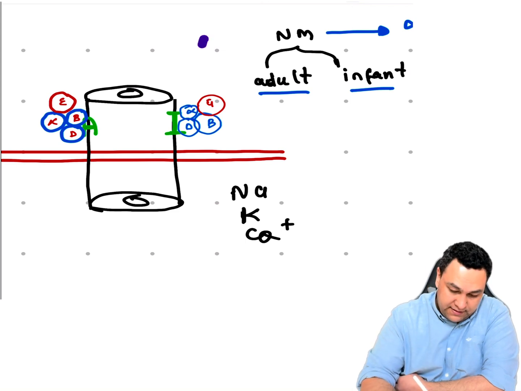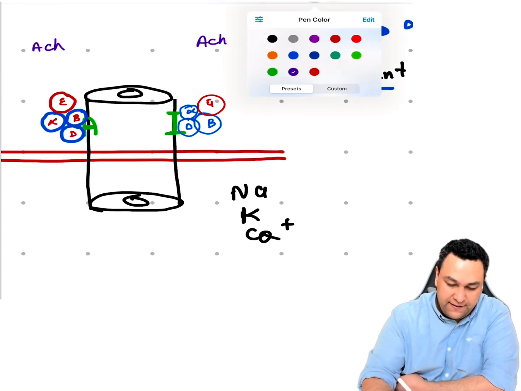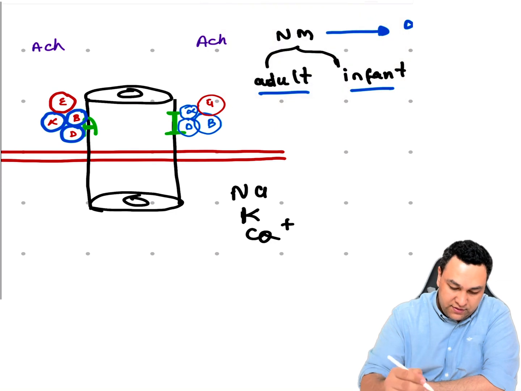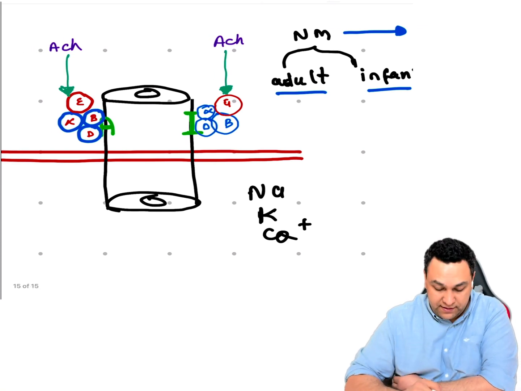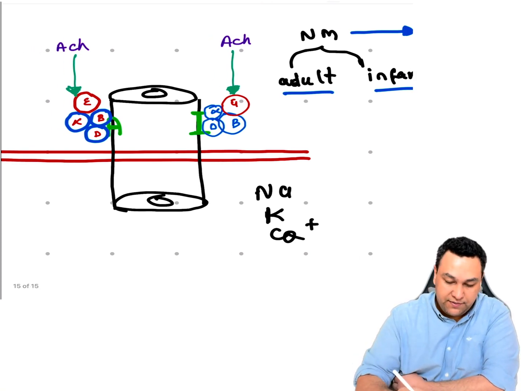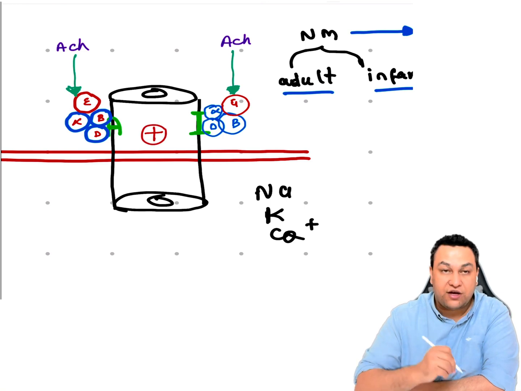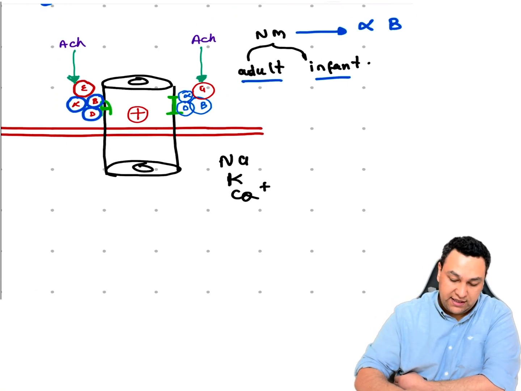For example, the acetylcholine comes, and let's say it comes to this side as well, and let me put some dots here. As the acetylcholine comes and binds to the receptor, it's not binding only to the gamma point, but overall to the receptor, and here also it comes and binds. As they bind to this nicotinic muscular type receptor, they stimulate the channel, and the channel gets open.